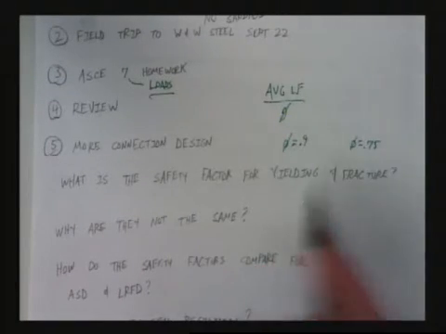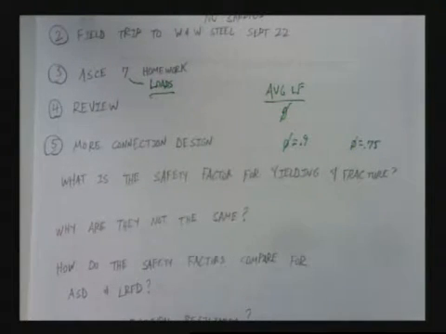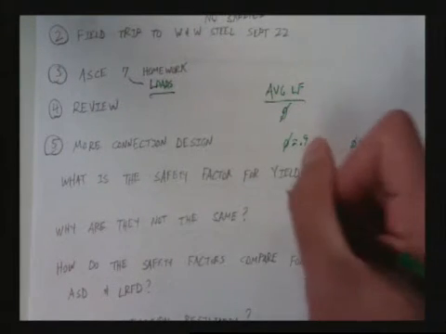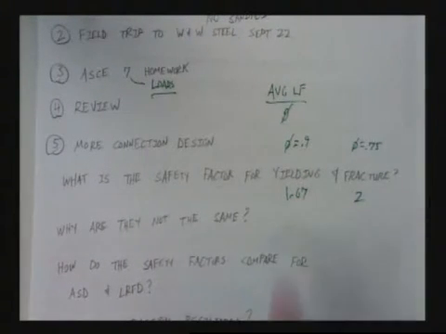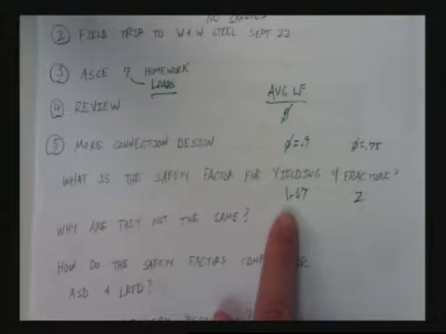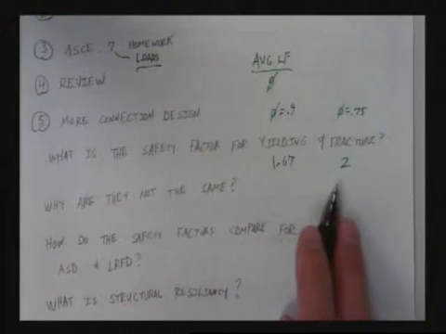1.67 and 2. 1.67 for which one goes with which? Yield and fracture. 1.67 with the yield, 2 with the fracture. Okay, so why do we have a lower safety factor for yield than we do fracture? I'd argue that fracture is more detrimental.